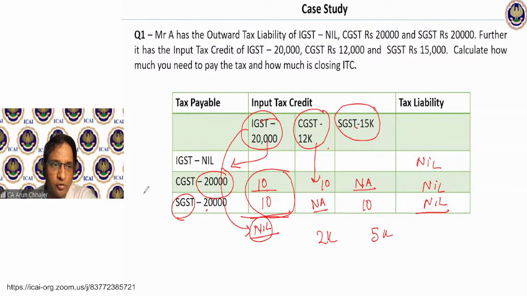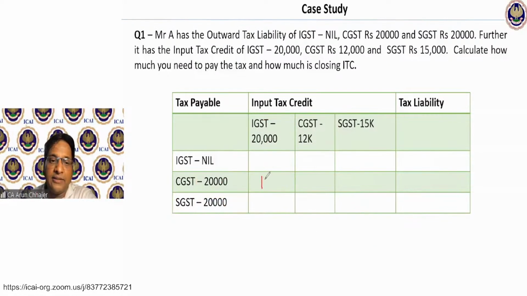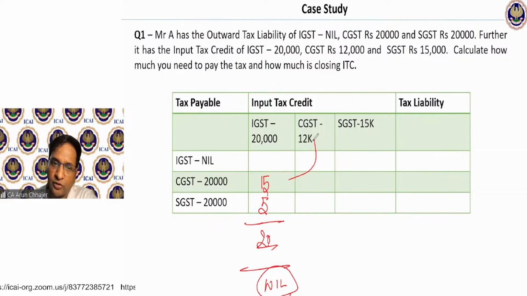It can be changed also. Suppose you are using 15,000 here and 5,000 here. Possible? Yes sir, possible, no problem. The total is 20, so the balance is 0. It becomes 0, then you can use it for CGST, you can use it for SGST. So what is the requirement? 15 has been taken, total 20.